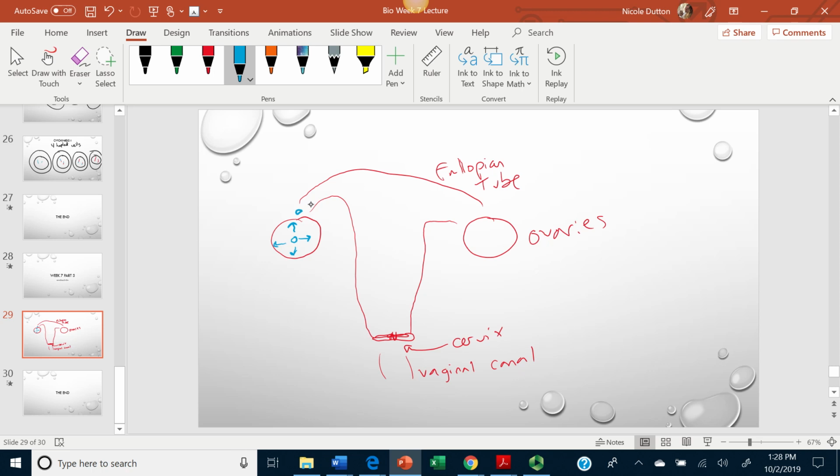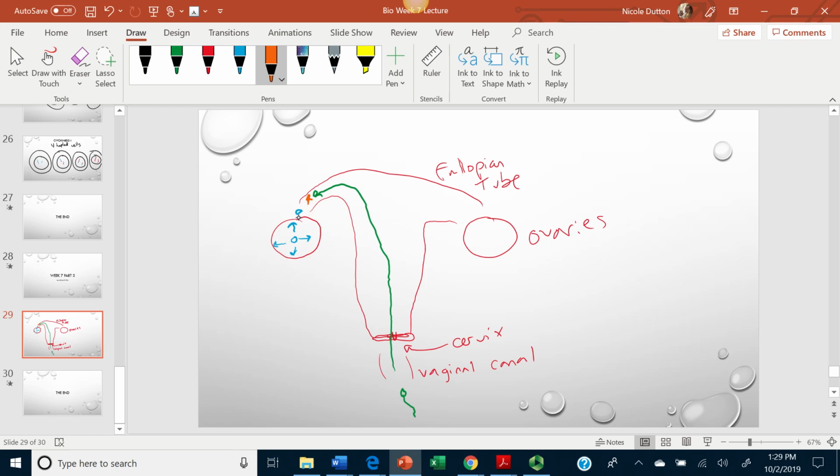Now these eggs are going to start migrating up the fallopian tube, and sperm cells that were inserted into the vagina are going to swim up and unite with the eggs. The fertilization event actually happens in the first third of the fallopian tube. If it happens after that, that fertilization event will not lead to the production of a viable child.